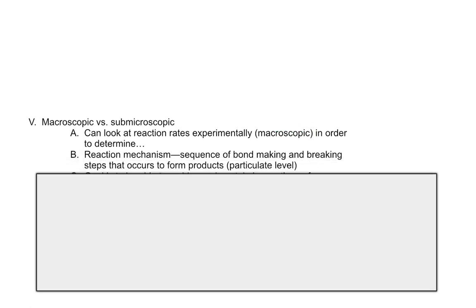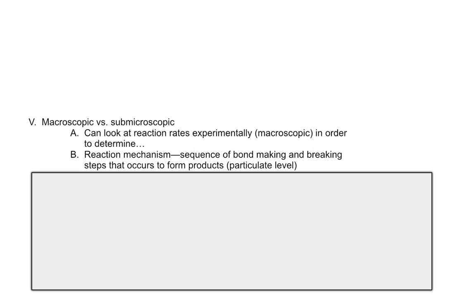So we have macroscopic observations we can make, but at that molecular or submicroscopic level, what's actually going on is called a reaction mechanism. So it's the sequence of bond making and bond breaking that occurs to form the products at that molecular or particulate level. Since we can't see that, a lot of this is educated guesses, indirect evidence.